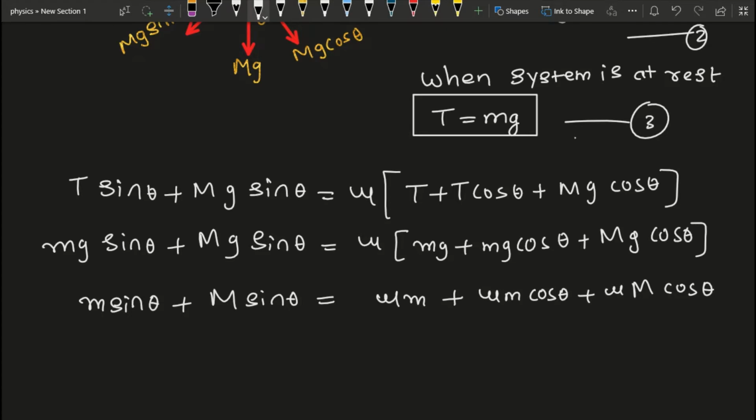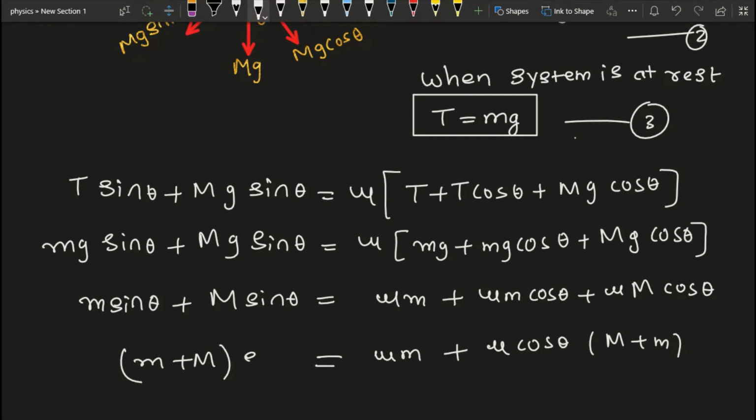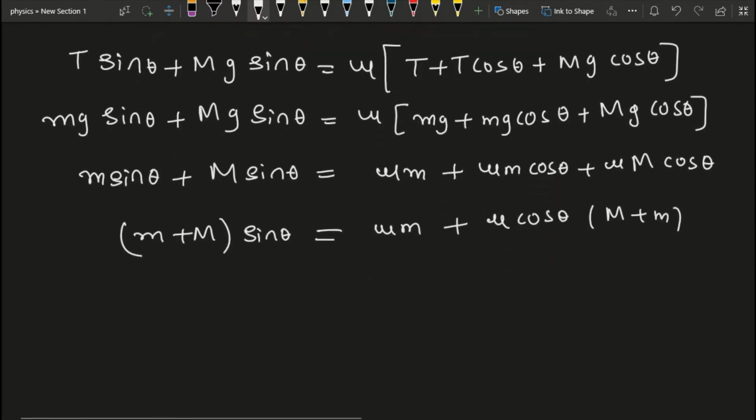So this is what we got finally, and here we can take the cos thetas to one side and mu into m to one side. Mu into m, you can take the cos theta common, so what we are getting is capital M plus small m. And here we can take out sin theta, small m plus capital M into sin theta. So finally what is the mu value?